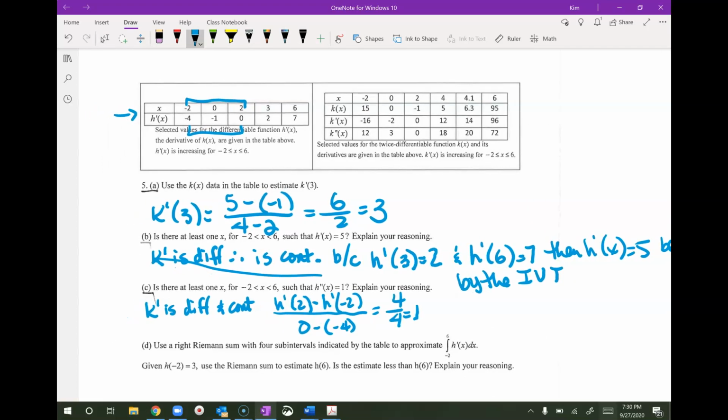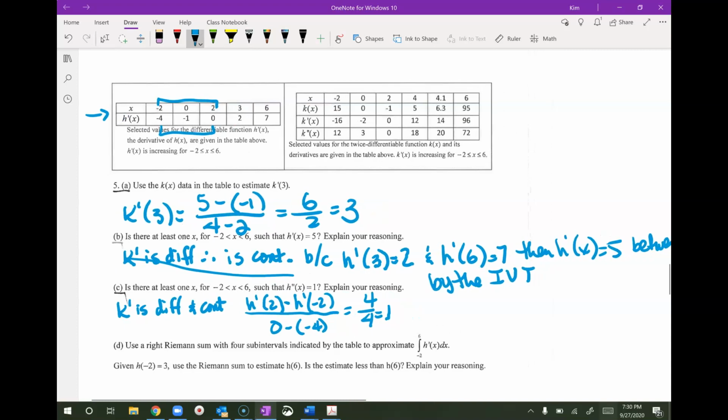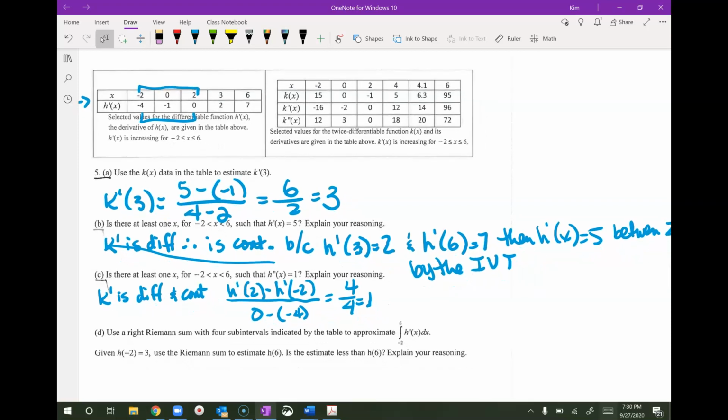So we've got that slope that we were looking for. Our slope of our secant line between 2 and negative 2 is 1. Therefore, there must be a value of x where h double prime of x equals 1 as well by the mean value theorem. So between 2 and negative 2, h double prime of x equals 1 by the mean value theorem.